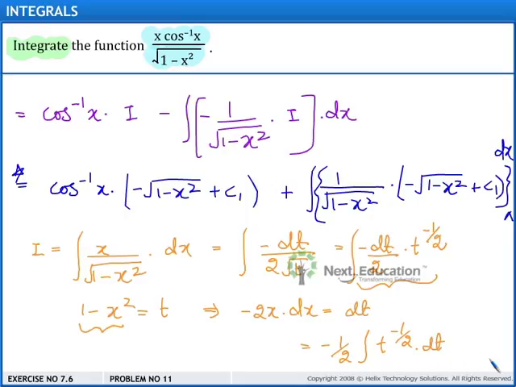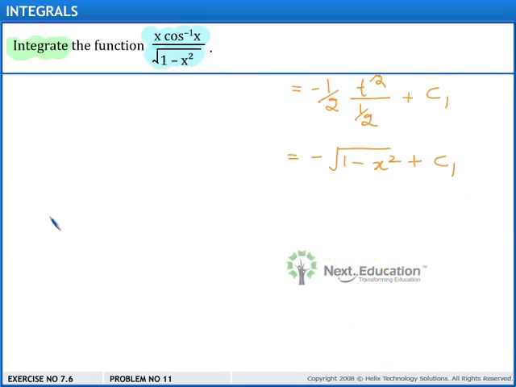Therefore this can further be written as minus square root of 1 minus x square into cos inverse x.